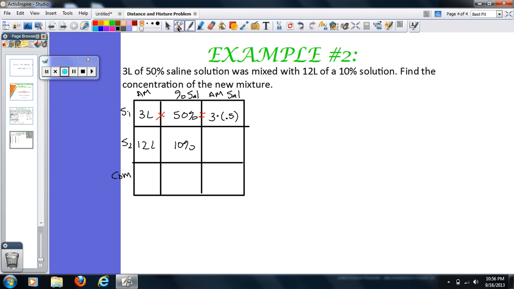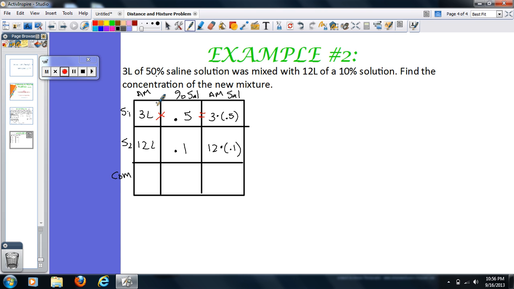Instead of writing percentages, you should all know how to convert a percentage to a decimal. So this would be 0.5, this would be 0.1. We do the same thing, multiplying these two: 12 times 0.1.